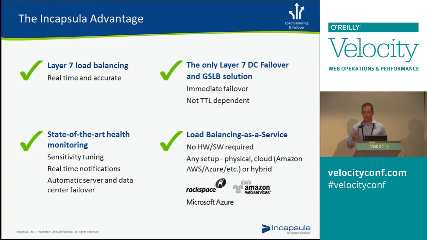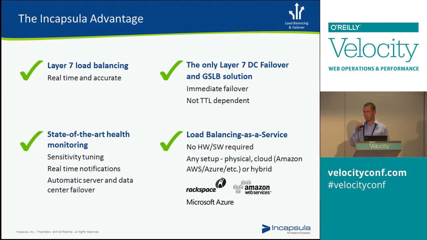So you can load balance traffic to your physical servers or cloud setups on Amazon, Rackspace, etc., or hybrid setups. We don't care. We only see IP addresses behind us. We don't care if they are physical servers, virtual servers, whatever, or a combination of both.